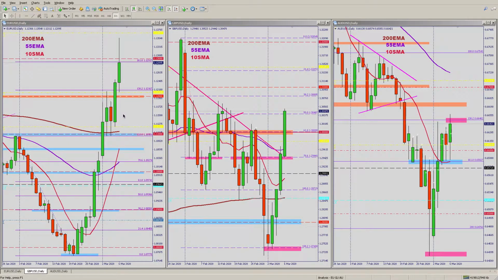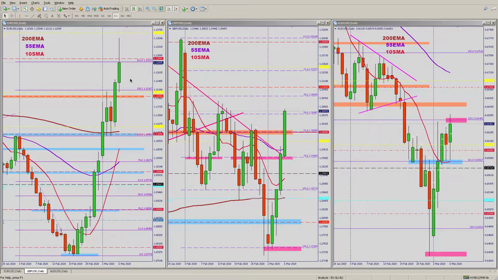And as you can see, across all the three major pairs here, they have made a strong recovery for the last week, and especially for the euro over the last couple of weeks, and all at the expense of the US dollar, which has weakened significantly, and especially after the emergency Federal Reserve rate cut on Tuesday night.